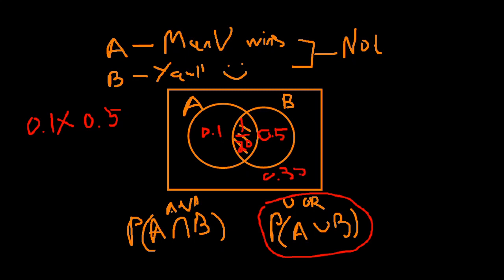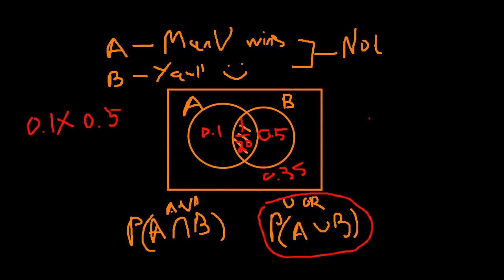So this 0.35 represents the probability of you being sad, of you not being happy, and Man U not winning. So this is the probability of Man U losing and you being sad.